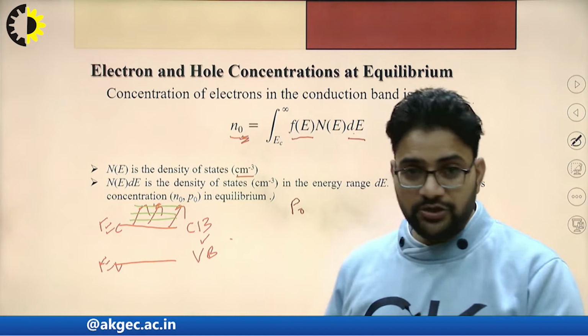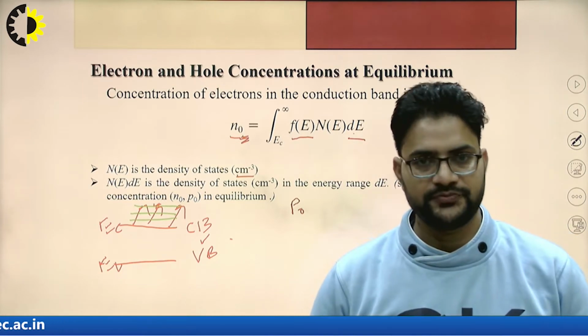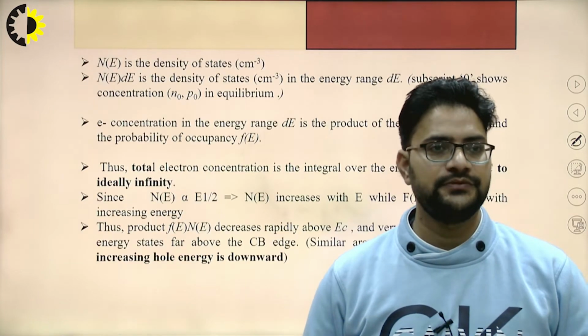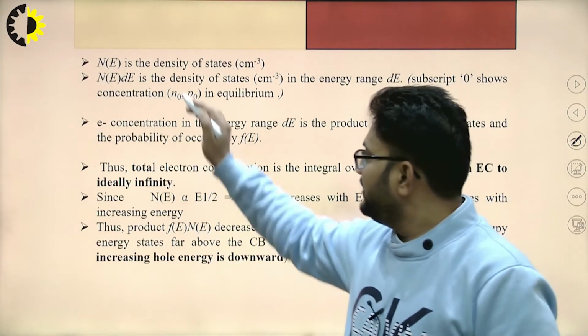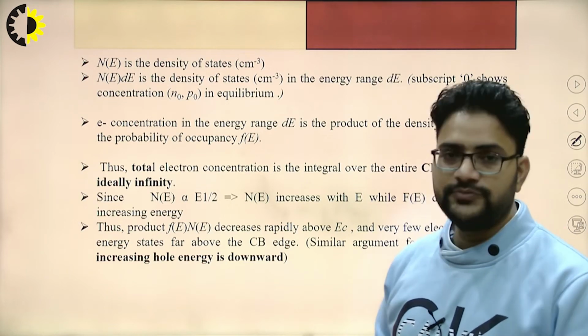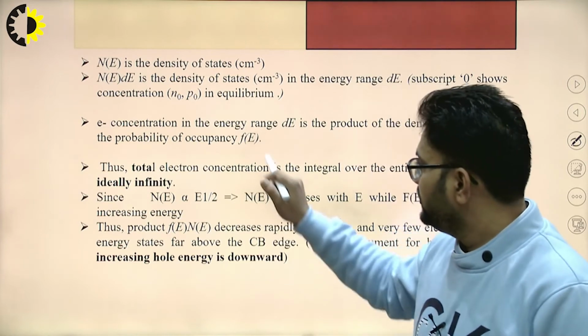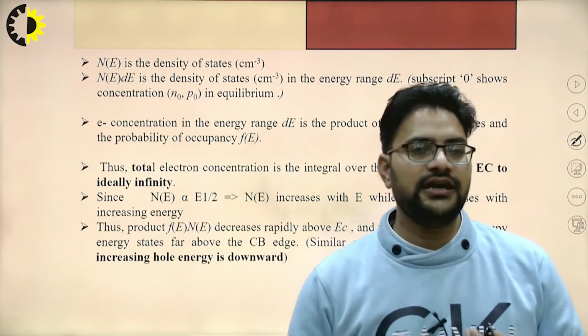So P naught denotes the hole concentration at the equilibrium state. We had already discussed the density of states and the equilibrium concentrations, N naught and P naught.